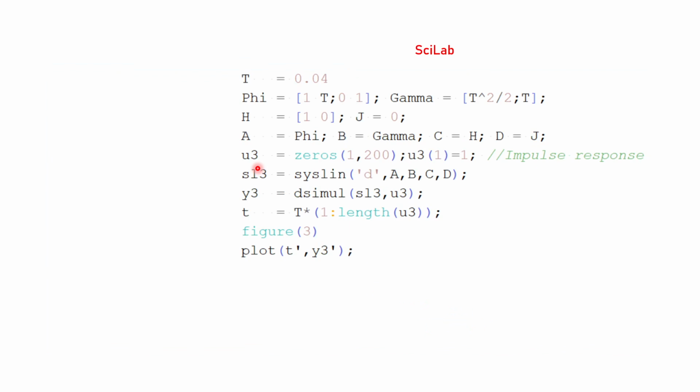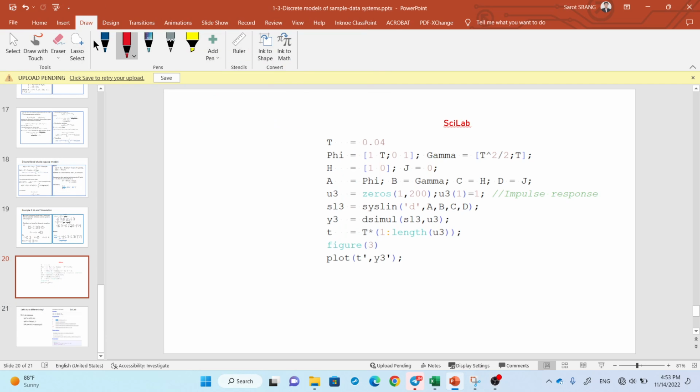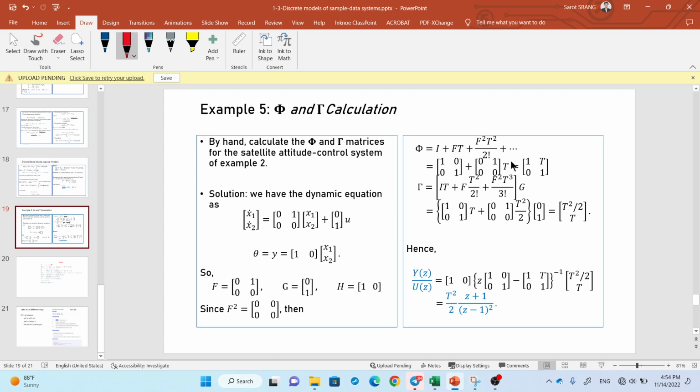Okay, I think we still have 10 minutes. We can try some simulation. So let's try in Scilab and in MATLAB. Here we choose sample time capital T as 0.04, and phi, because we already defined phi here, and gamma here.